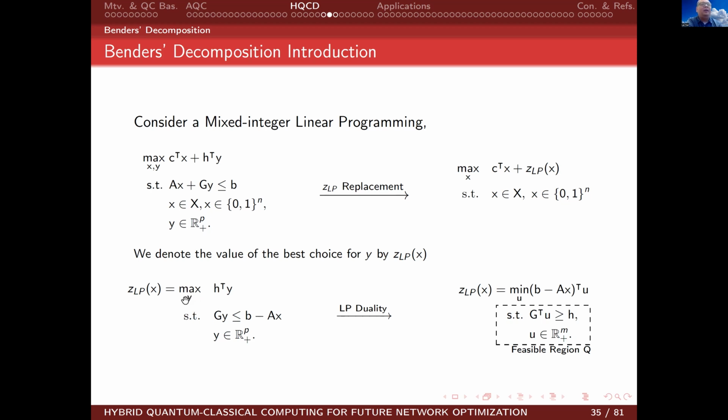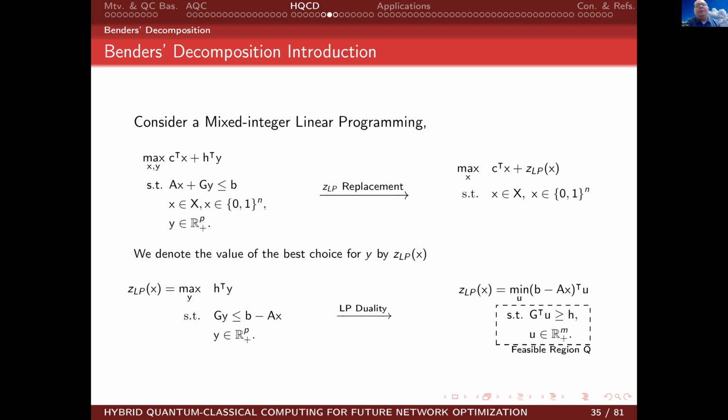Another way is that we can represent this function as a polyhedron. This polyhedron has extreme rays and extreme points. That means in order to describe this function, you need the extreme rays and extreme points to represent it.